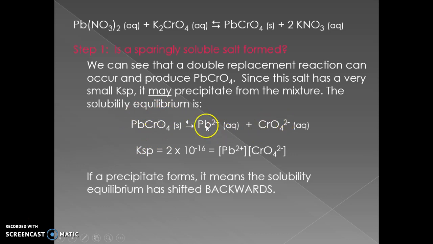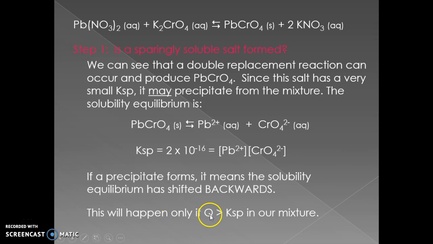So we have to have enough ions in order to drive it back that way. That means this combination of ion concentration has to be greater than this number here. So let's see how we figure that out. Okay, like I said, that'll happen if Q, the numbers that we actually have to work with, is greater than the 2 × 10⁻¹⁶.